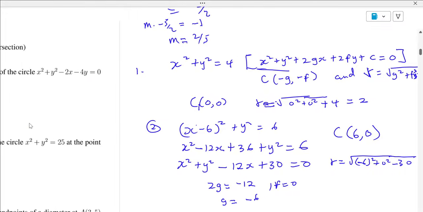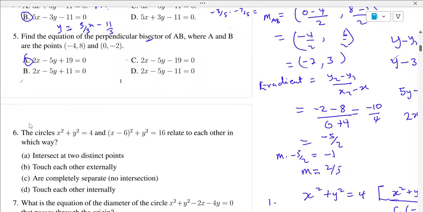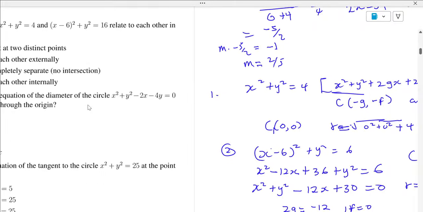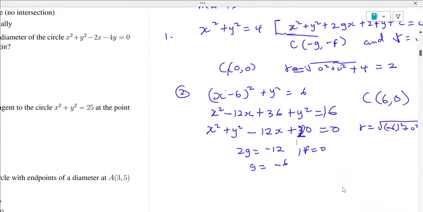All right, so in our question it is supposed to be 16 or 6. So it's 16, sorry. So if here is 16, and then we take this one across, we are going to have here to be 20. So this is supposed to be 20. All right, so our c is 20.